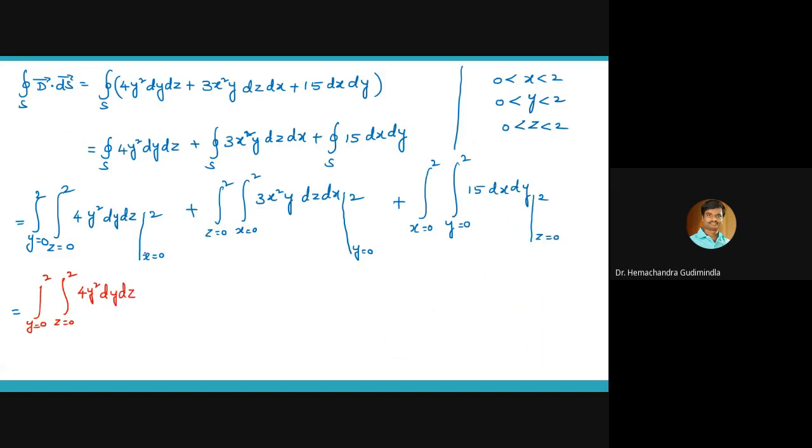What is the upper limit? X is varying from 0 to 2, so the upper limit is 2. So here I will write x equal to 2, minus, same story, the integral y equal to 0 to 2, integral z equal to 0 to 2 of 4y square dy dz where x equal to 0.